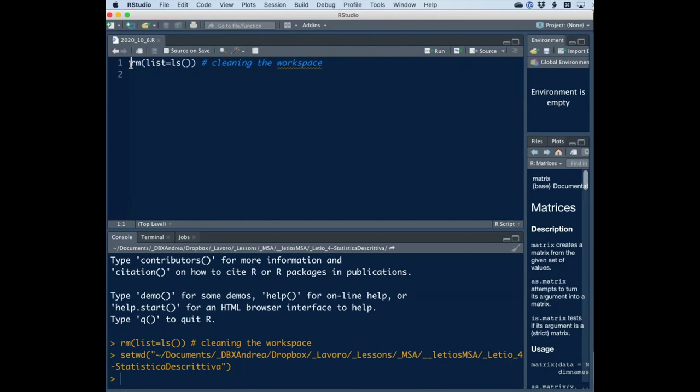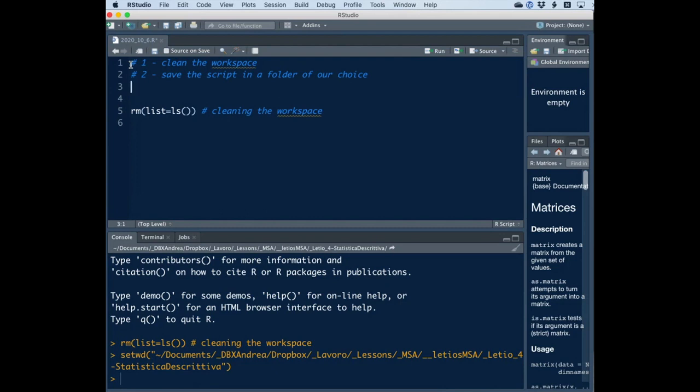So let me summarize the 3 steps. Step 1 is to clean the workspace. Step 2 is save the script in a folder of our choice.